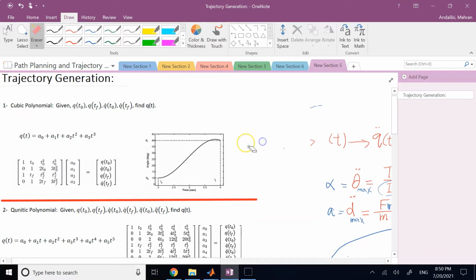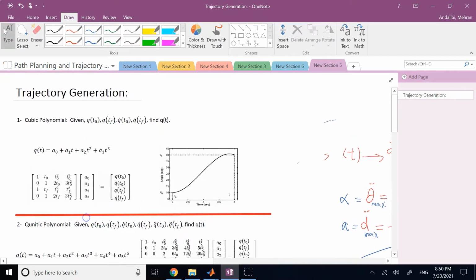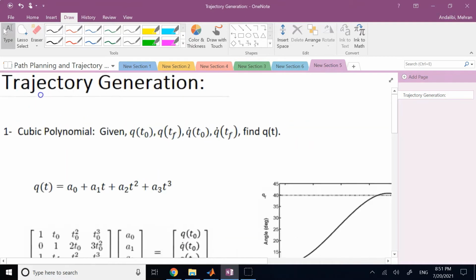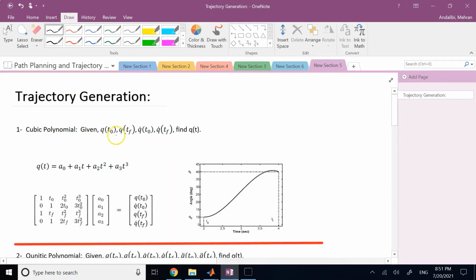So now let's talk about the polynomial functions for the trajectory, cubic and quintic. When is a cubic polynomial a good function to choose? When you only have 4 values that you necessarily want to achieve. What are they?